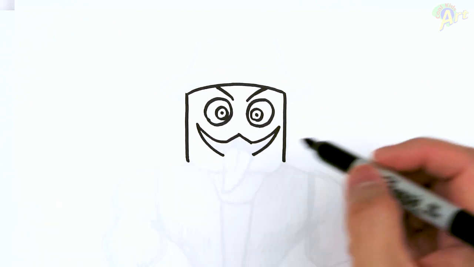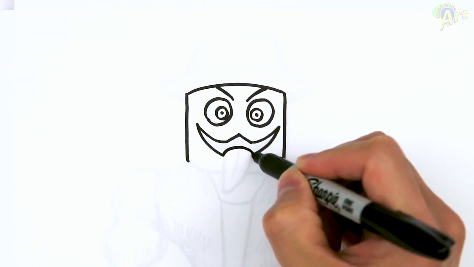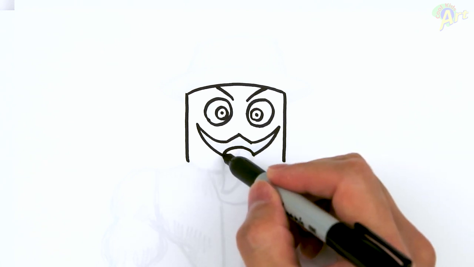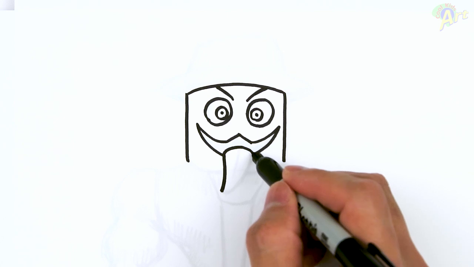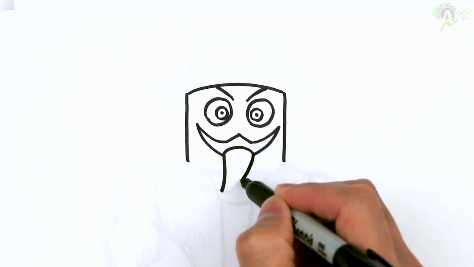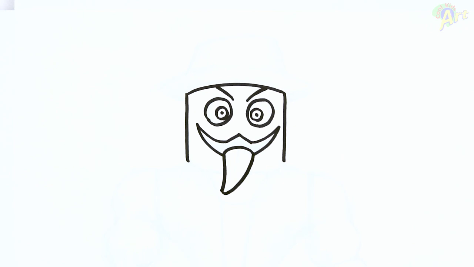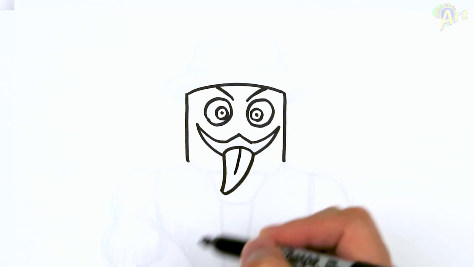So with this gap in here, I'm going to draw in his tongue. So just curve up, connect that. And then now from these corners right here, just curve to this side and then just kind of round it out. And then let's add in one little line right here.